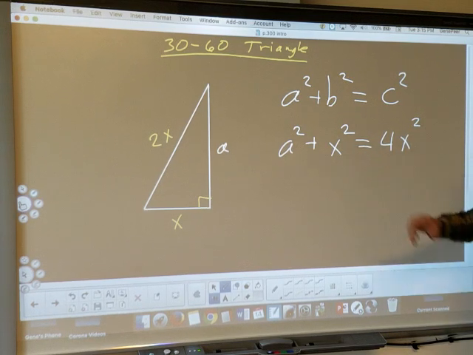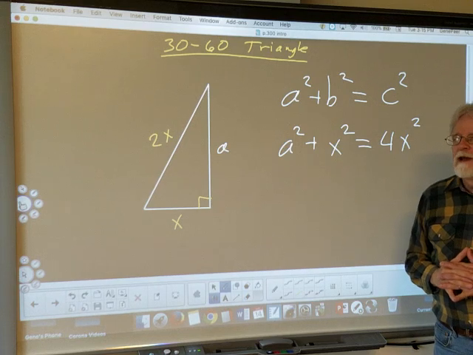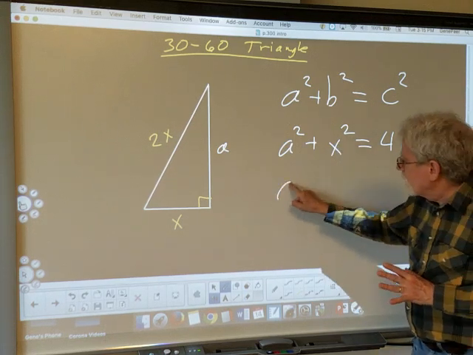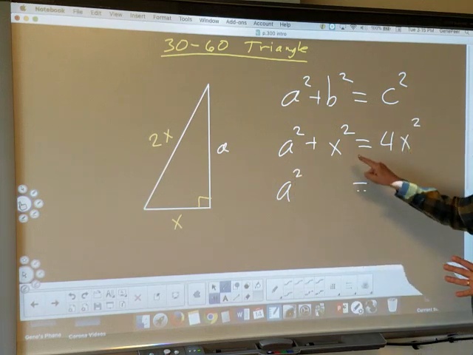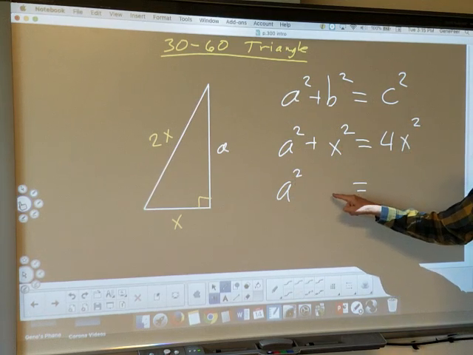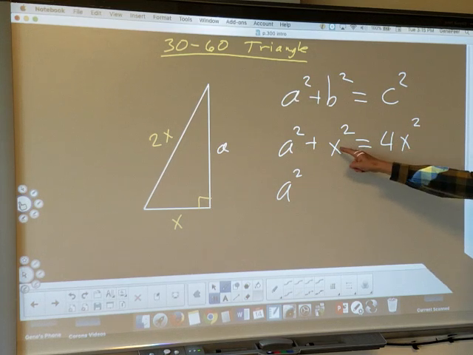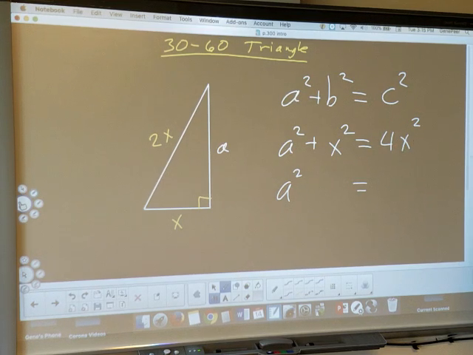Now let's subtract x squared from both sides. This is so clever. I love the simplicity of this. If I subtract x squared here, of course, it's gone. Poof. On this side, what's 4x squared minus 1 of those x squareds? Does that not leave us with just 3x squared?